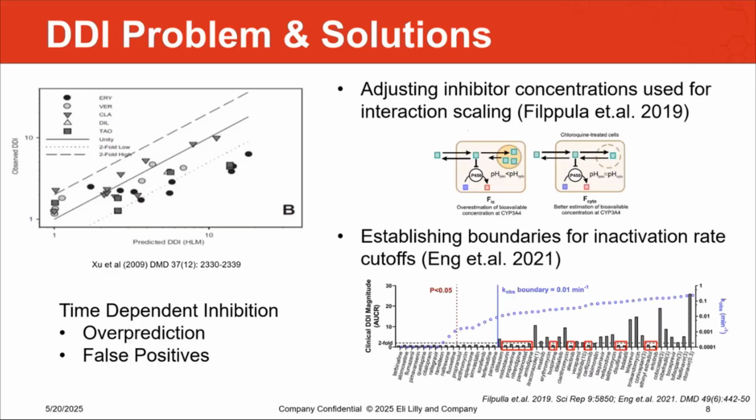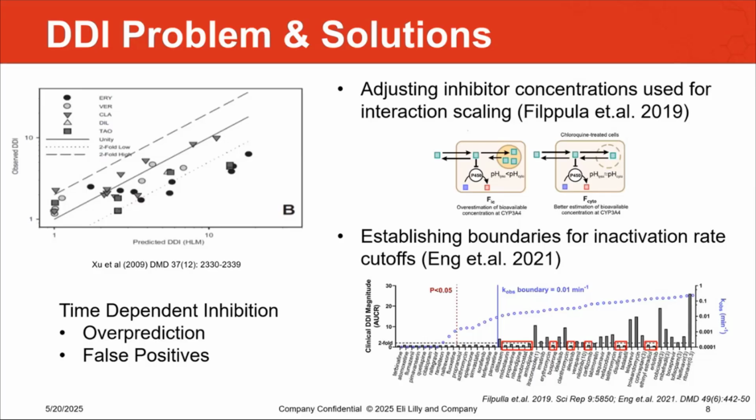Now, over the years, people have postulated plenty of different ways of solving that disconnect. More recently, Phil Pula proposed that we could correct the fraction of the cytosolic concentration of drug in our calculations when scaling for the drug-drug interaction.